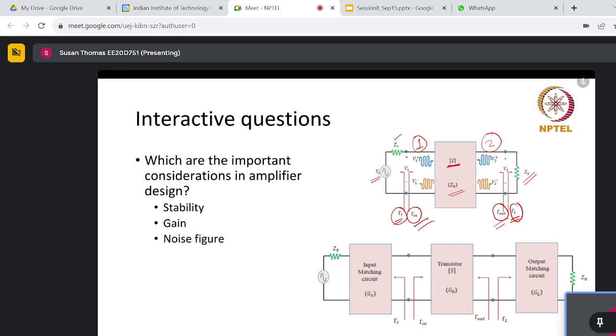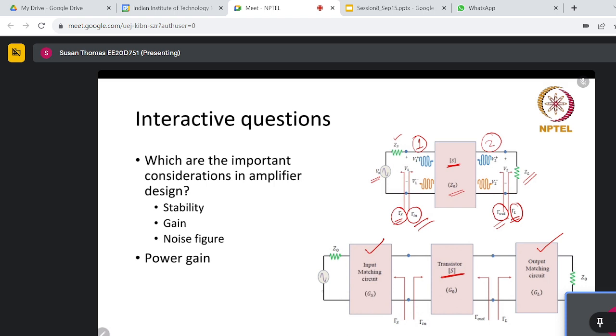Now, in case of a microwave amplifier, we'll narrow down our discussions onto microwave amplifiers. So let's move on to looking at the different gains in the beginning. In the second circuit over here, this is the transistor S matrix, and you have an input matching network, and at the output, you have an output matching network.